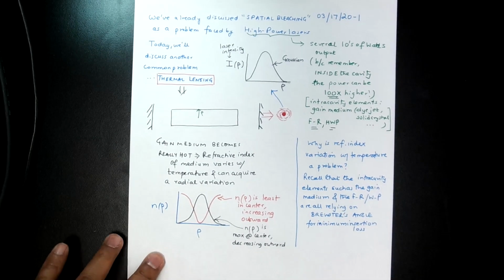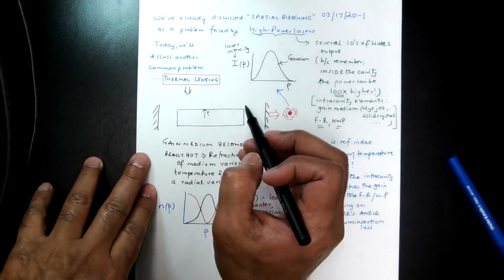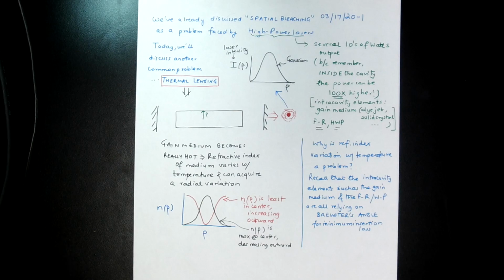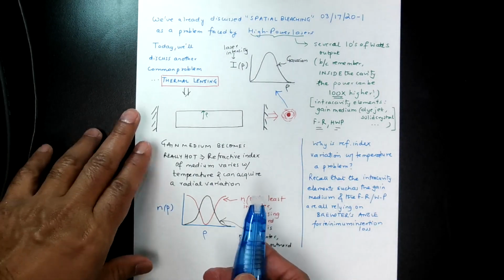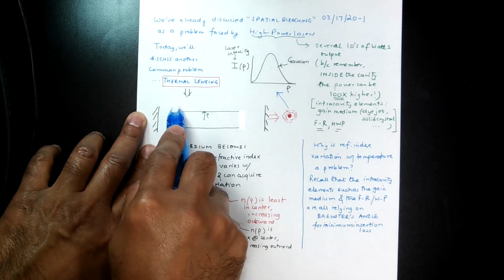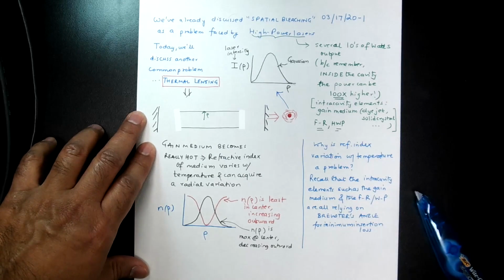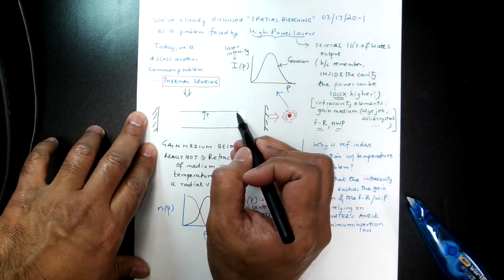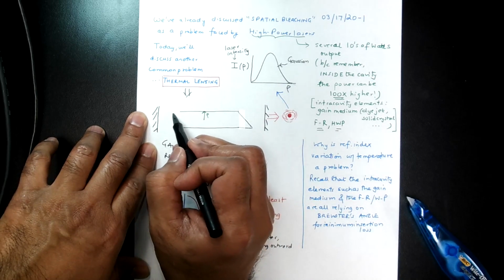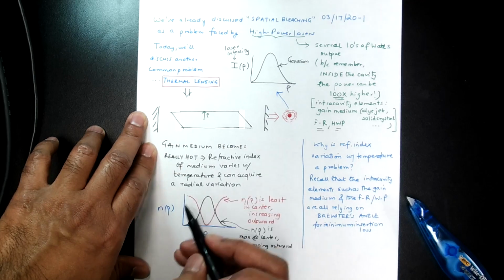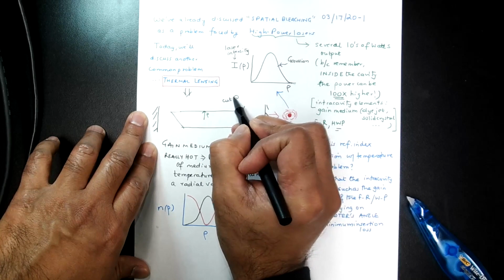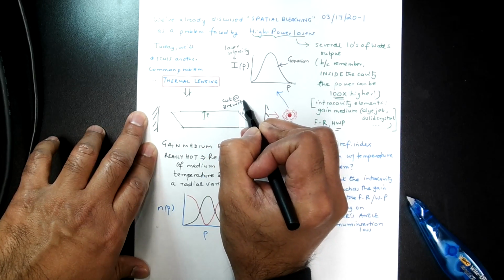Remember that? We cut the crystal at Brewster's angle, right? So it was something like this, and this, remember? So this is cut at Brewster's angle.